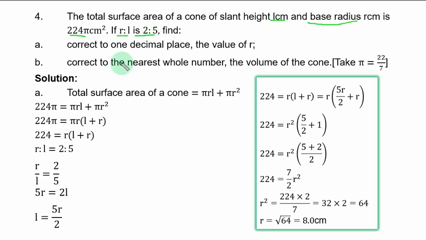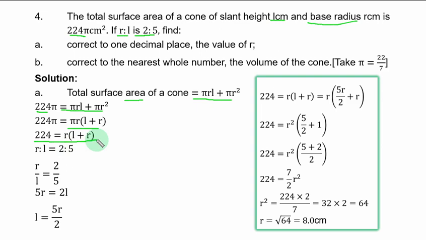Solution. Total surface area of a cone is equal to pi r L plus pi r squared. The total surface area is given as 224 pi equal to pi r L plus pi r squared. You can factor out pi from the right hand side, so that if you divide through by pi, because pi is common, you have 224 equal to r bracket open L plus r.